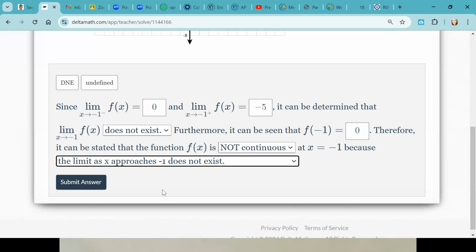Remember that a point isn't a line. Your y value would be equal to itself. Well, the limit is not.